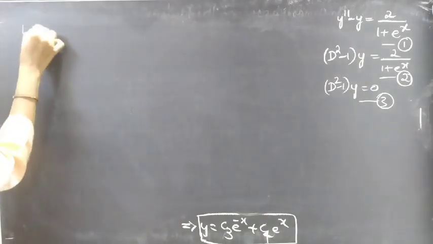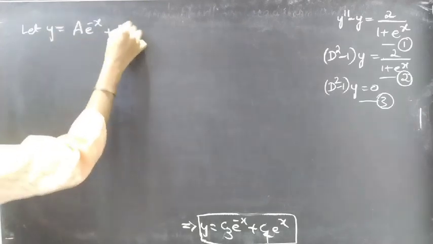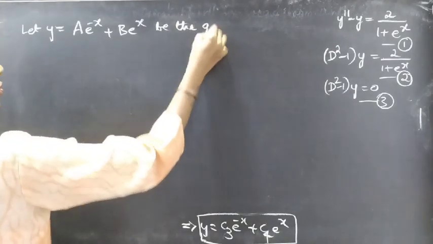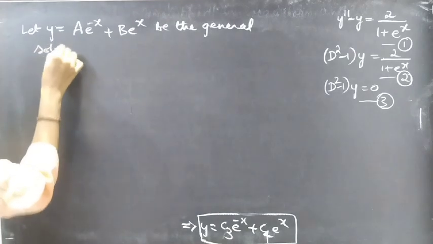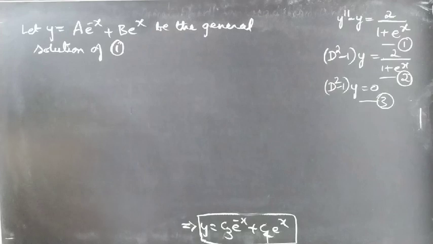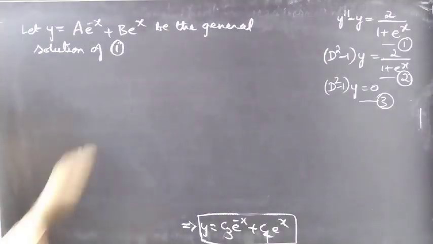Let y equal to a e power minus x plus b e power x be the general solution of 1 or 2. Both are the same.